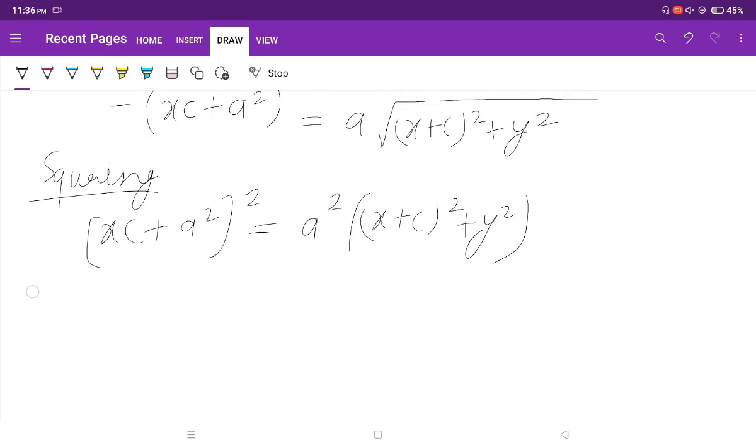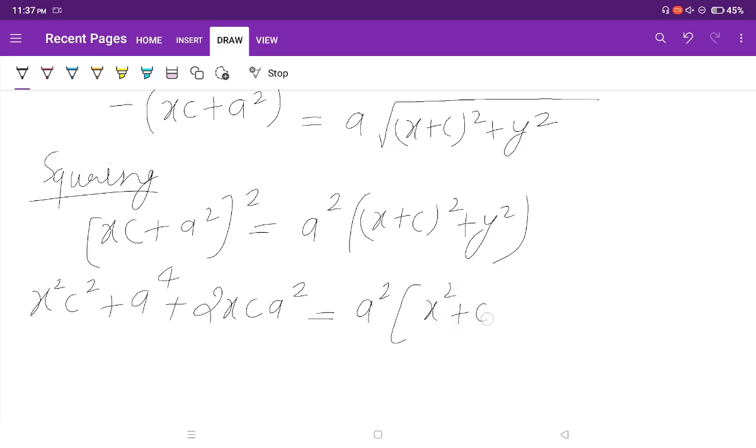Let's open the brackets. So we have x square c square plus a raised 4 plus 2xc a square equals a square times (x square plus c square plus 2xc plus y square).